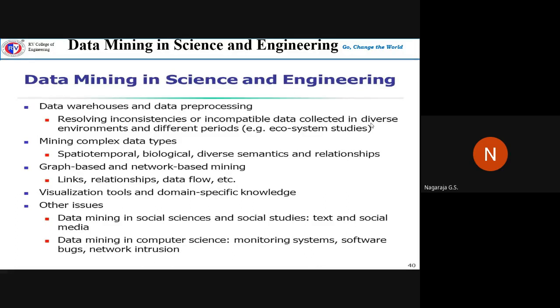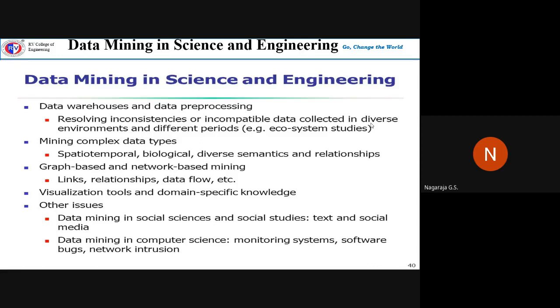Then graph-based and network-based mining. I think the other day one of your friends was talking about these links, relationships, and there will be a data flow. It is not just one topology we consider here. You have to look at it in terms of a complex graph-based network, maybe an internet-based, or distributed networks, or social media kind of applications.